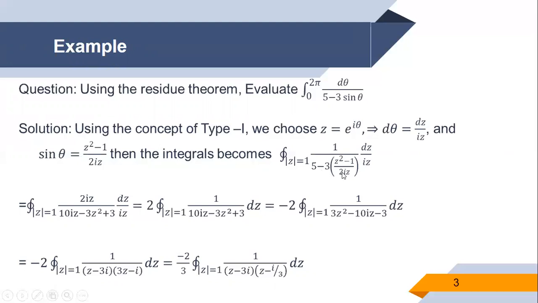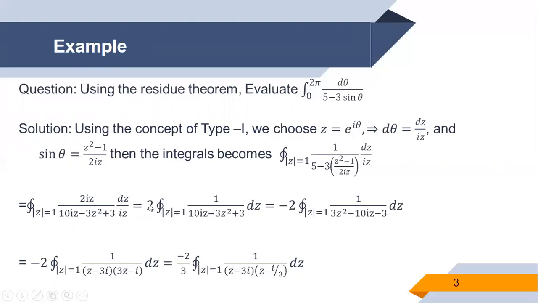Now take the LCM: 5 into 2 is 10iz minus 3z square plus 3, and this 2iz we write in the numerator, and dz upon iz as it is. So iz cancels, 2 is common, and then we write 10iz minus 3z square plus 3.